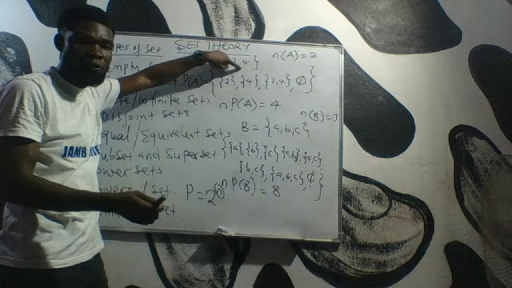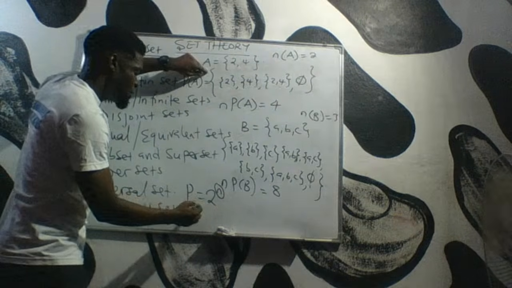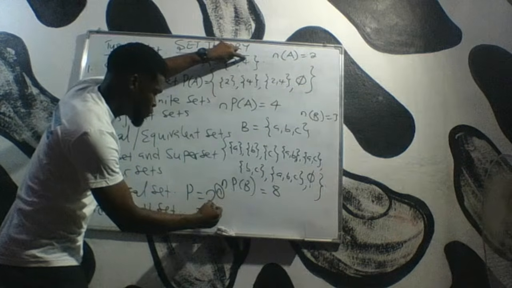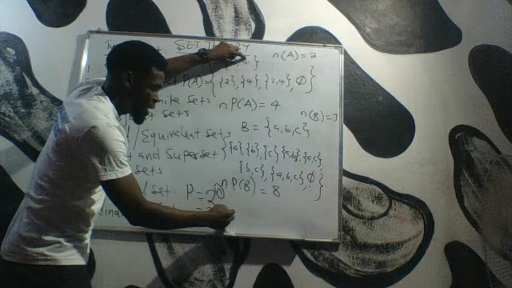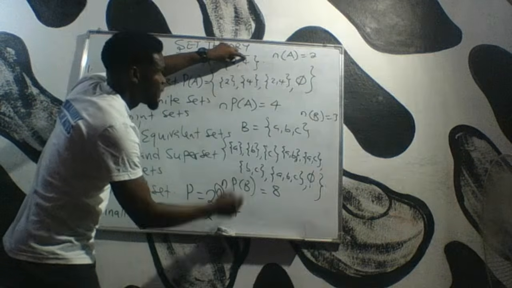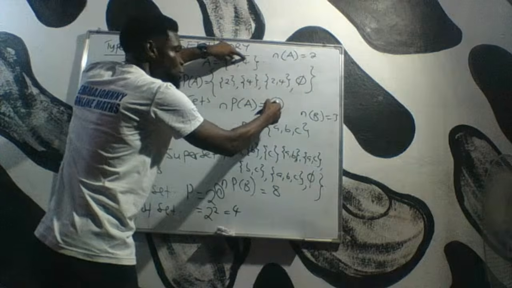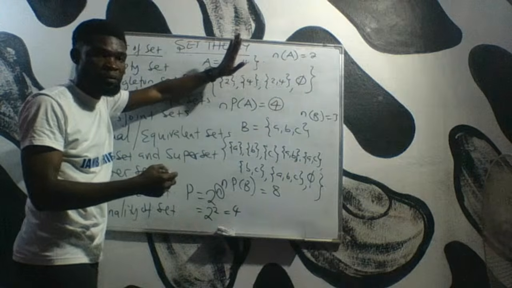How do I get that 4 now? I'll come here and write this as 2 raised to the power n, which is 1, 2. So I'll drop 2 in the place of n. And 2 raised to the power 2 is 4, which is this 4 here, which is 1, 2, 3, 4. 4 subsets I'm able to get.